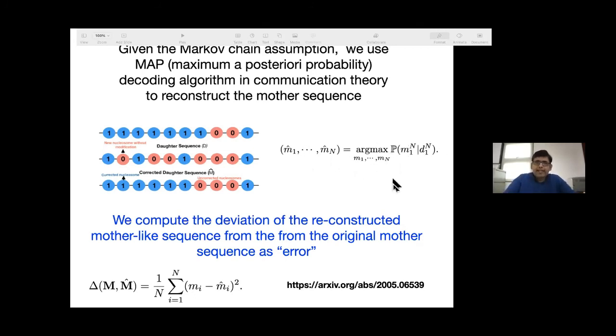There are algorithms to do this, and then one can get M hat, the mother-like pattern. We apply this algorithm and compute the mother-like pattern. Then you can look at the error between the reconstructed pattern and the original mother pattern, how different they are, and define some error, the deviation. And then we can look at these deviations.